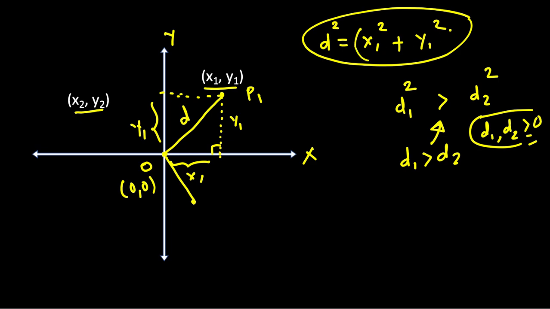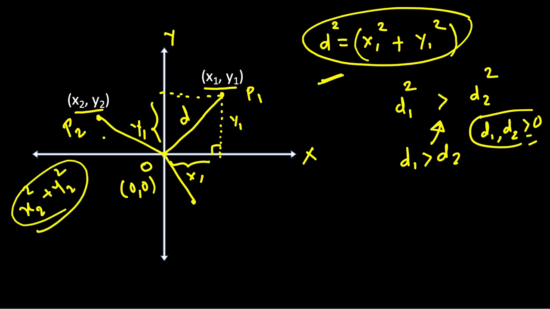So we don't need to take the square root, we will avoid that. So this is the measure of distance from origin. Similarly, for the other point, if this is P2, its distance will be x2 square plus y2 square. So in order to calculate the distance square, we will just take the squares of their x and y coordinates.